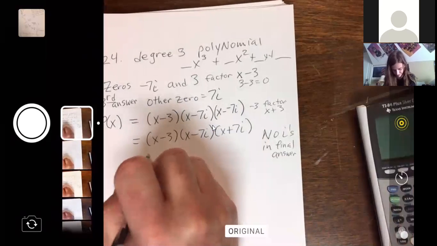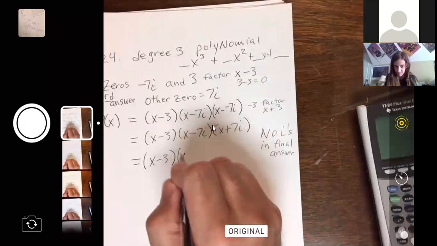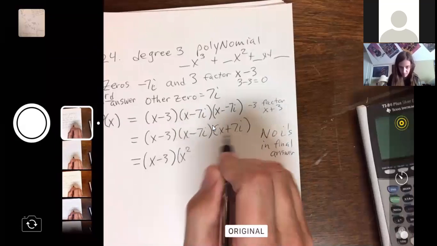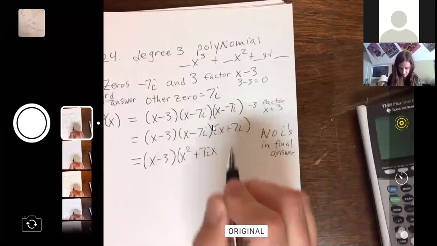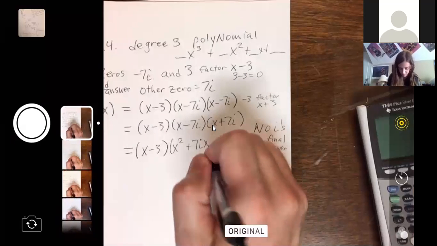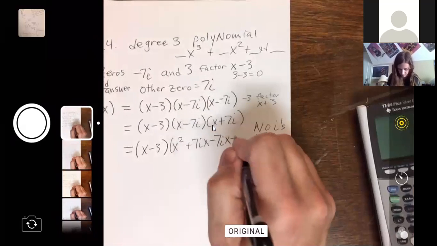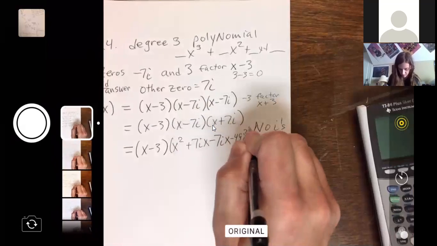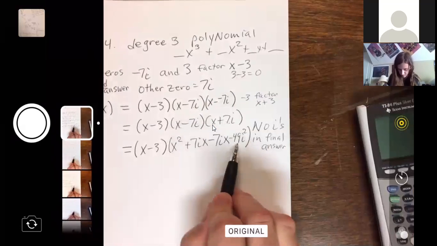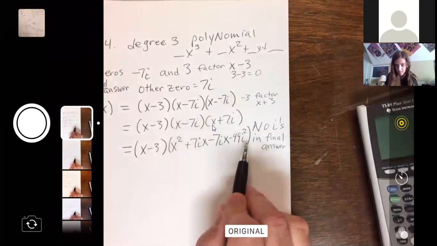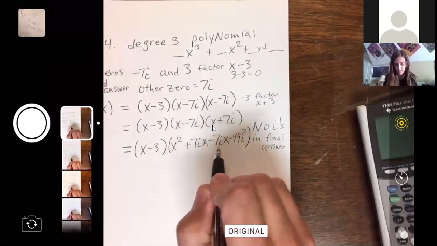I think so. Okay. So it goes x squared. You'd have a positive 7ix. There's round 1. Then a negative 7ix. And a negative 49i squared. Negative 7 times 7 is negative 49. i times i is i squared. All right, can you tell your 7ix minus your 7ix?